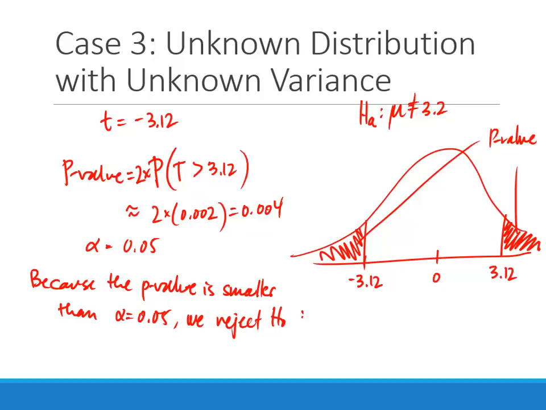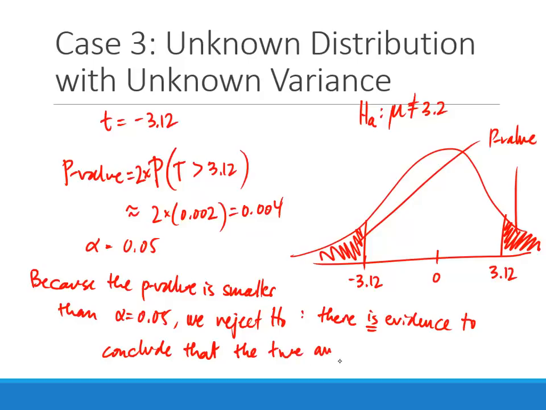Well, what that means is that there is evidence to conclude that the true average thickness of these lenses is something other than 3.2, or is not equal to 3.2.